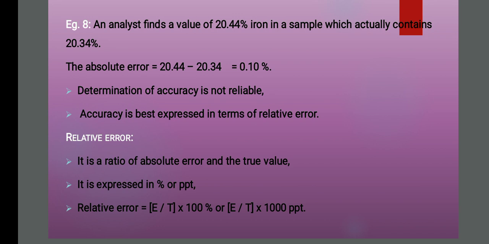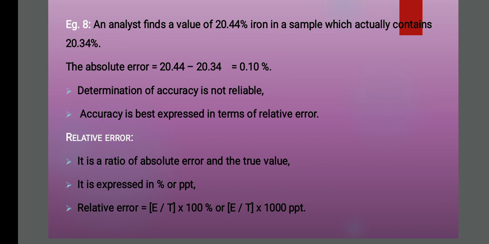So how to write the formula is, relative error is equal to, in terms of percentage, E by T into 100. If in terms of PPT, it is E by T into 1000. Is it okay? I'll repeat. So relative error is equal to E by T into 100 if it is percentage, or E by T into 1000 if it is PPT.